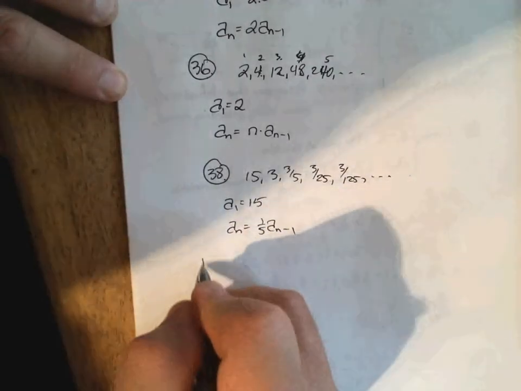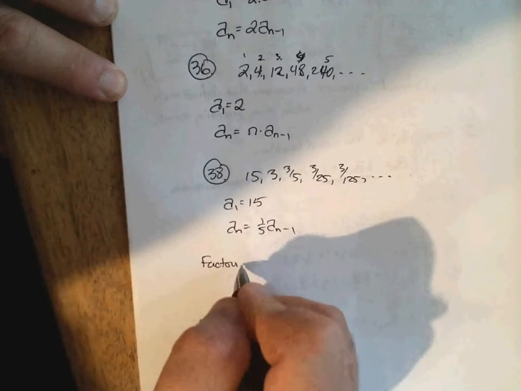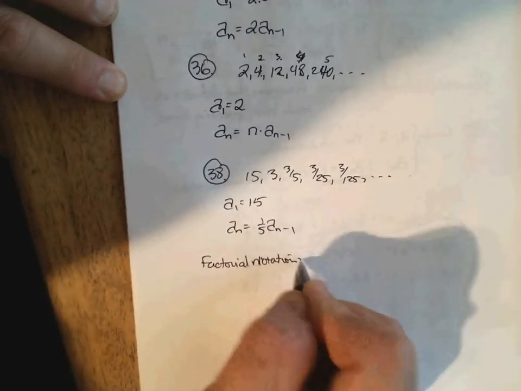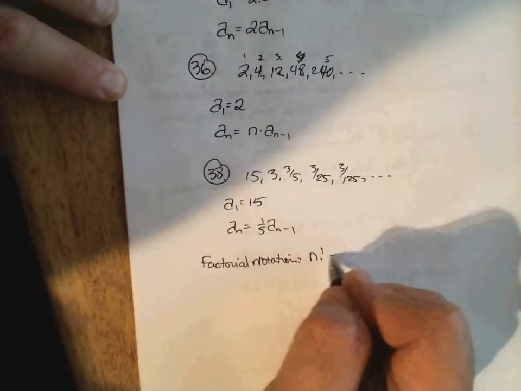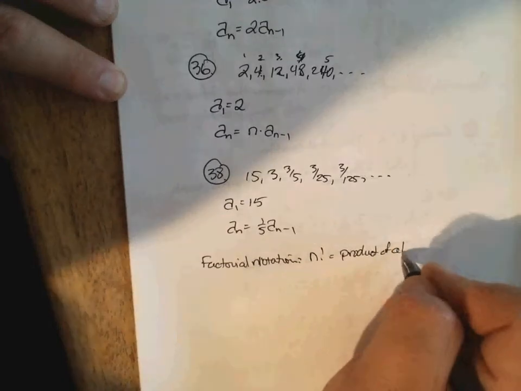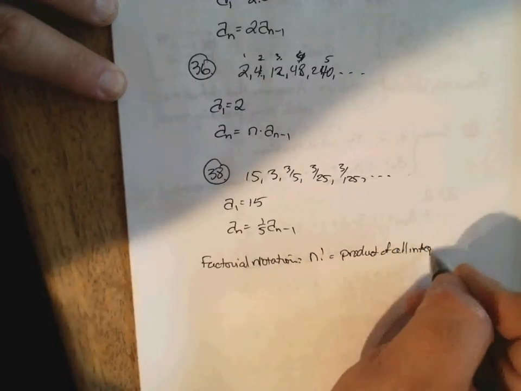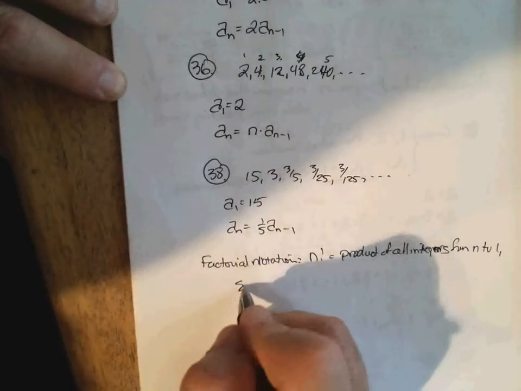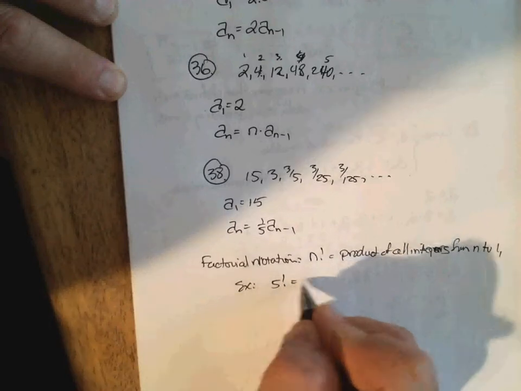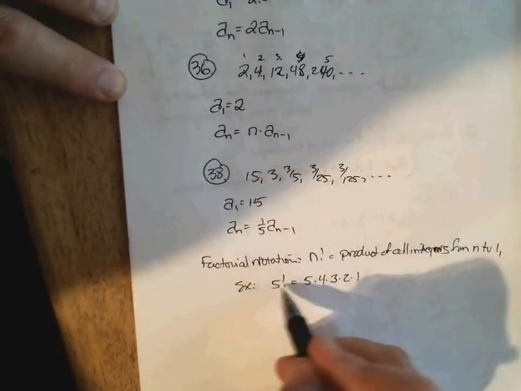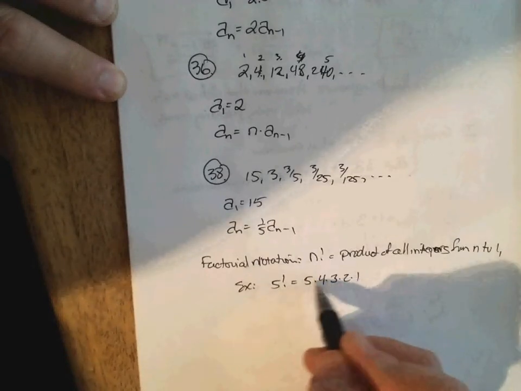All right. Now, final thing to show you in this section is this idea of factorial notation. N factorial is the product of all integers from n to 1. For example, 5 factorial is 5 times 4 times 3 times 2 times 1.